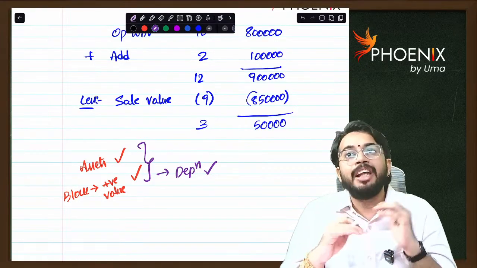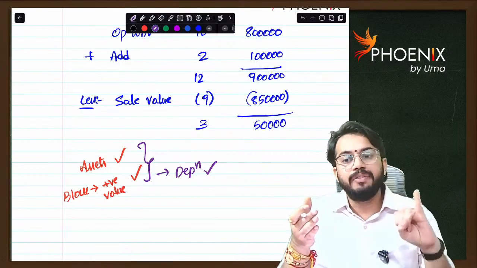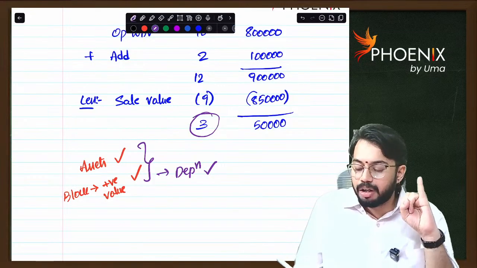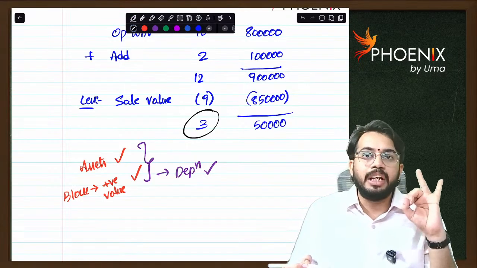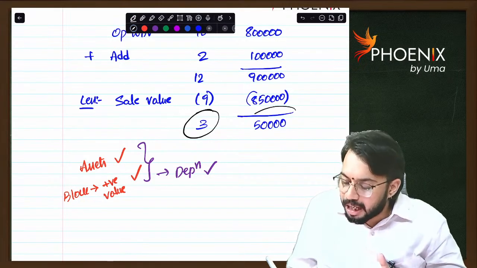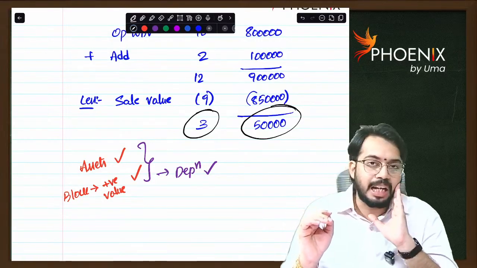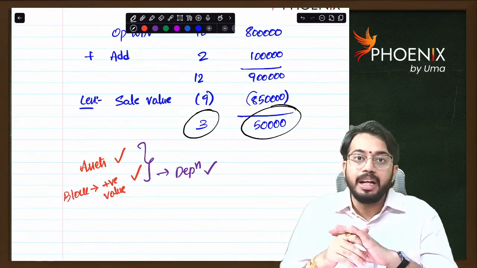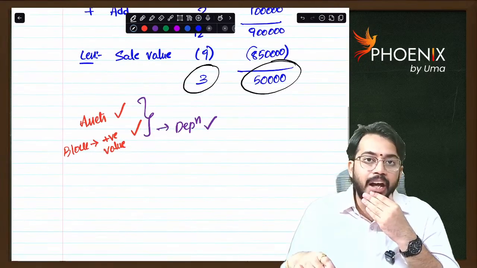So, to calculate depreciation, two conditions are there. Condition 1, there should be some assets in the block. Second condition, whatever the block is there, that block shall have positive value. Whenever these two conditions are satisfied, then only we will calculate depreciation. Otherwise, we do not calculate depreciation. Are you able to understand?